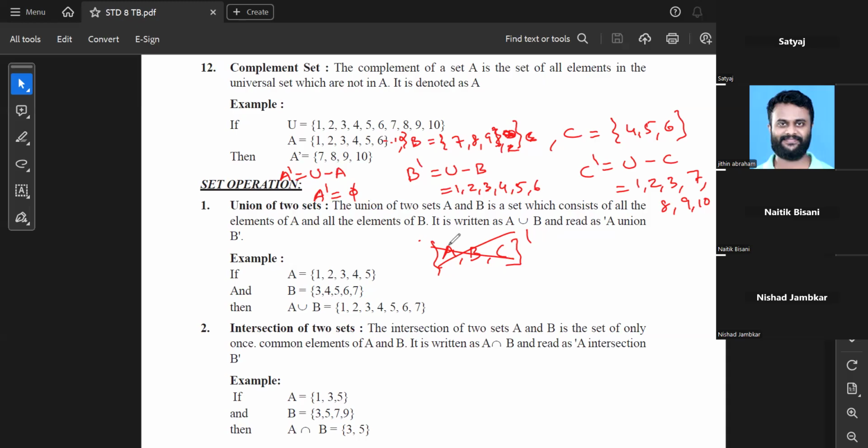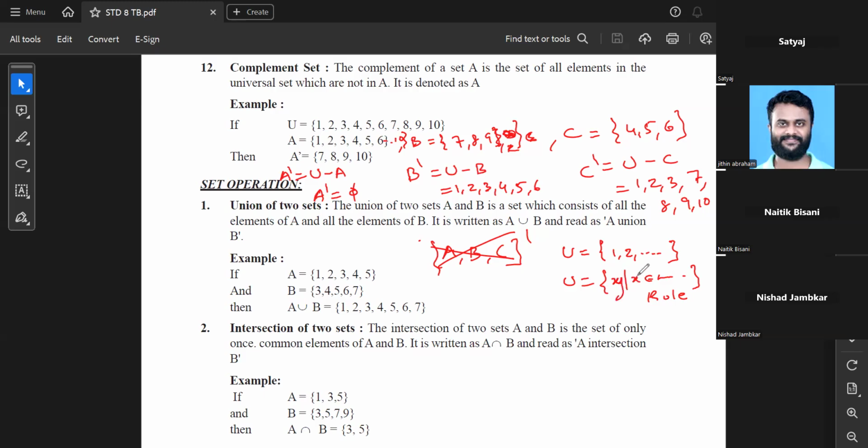Satyaj, I believe your query was also similar. You were asking me to show you how to write the sets, right? So far I have shown you how to write the set. One method is tabular form, where you write all the elements. Another method is the rule method, where you write x, and then x belongs to something and so on. You write the rule over here. So what is x? x is a random variable.